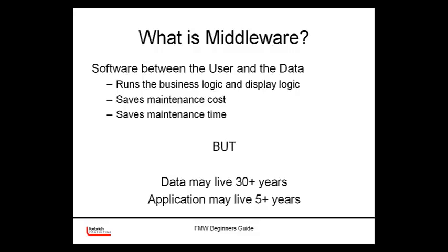The other area is the display logic. How do we paint the screen? How do we display what we're looking at, perhaps on a browser, perhaps using some technology like Ajax or other technology, JavaScript, and so on. The purpose of middleware is ultimately to reduce maintenance cost and maintenance time.